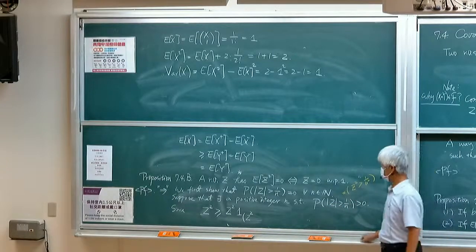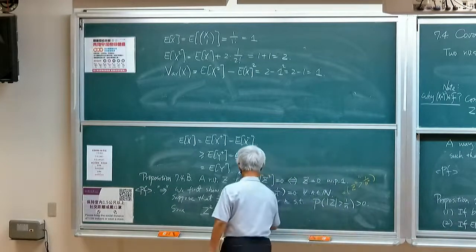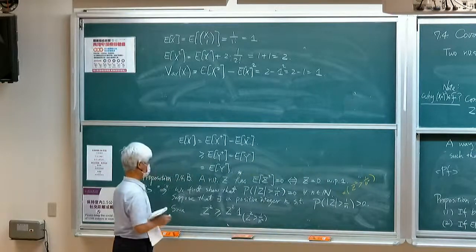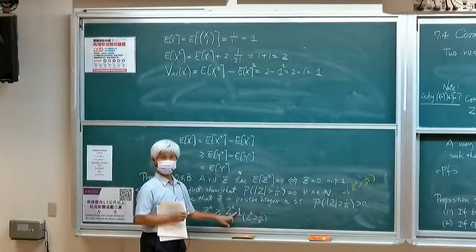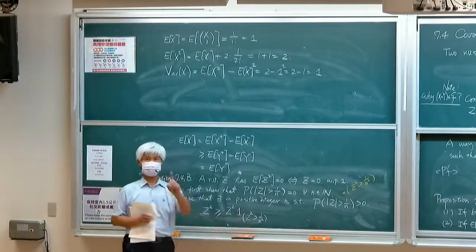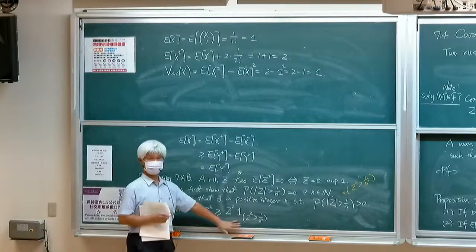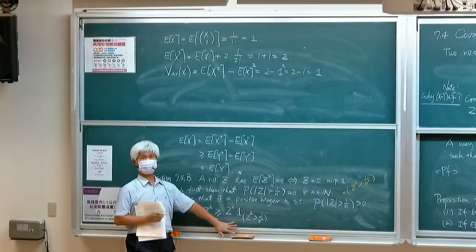Okay. All right, so this is greater than or equal to 1 over n square times the indicator, right? And the indicator is either 1 or 0. So it's the lower bound, no problem, right? This is a lower bound.